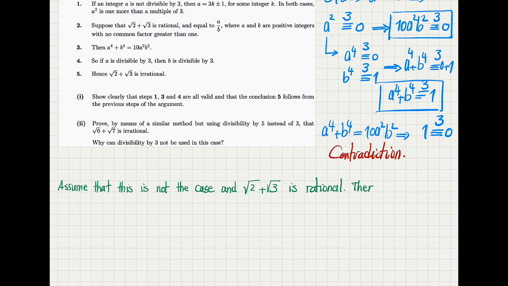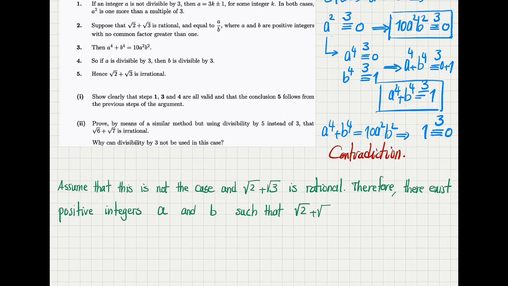Therefore, there exist positive integers a and b such that square root of 2 plus square root of 3 is a over b, and the greatest common divisor of a and b is equal to 1. Yes?